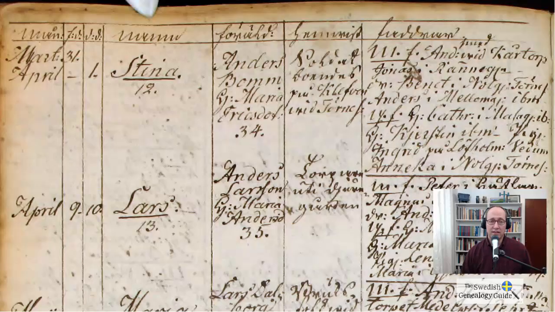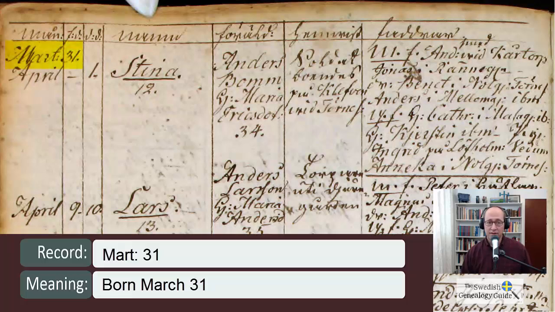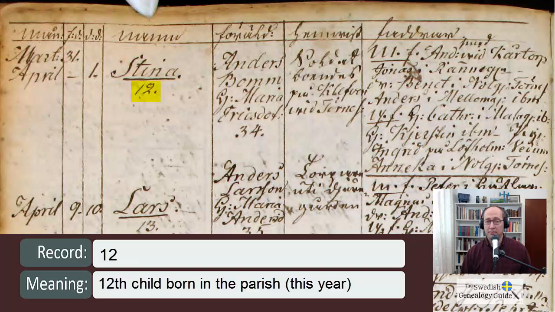Let's read through the first entry. So this child was born on March 31st and christened on April 1st. Her name is Stina, and the number 12 underneath her name refers to how many children were born this year.